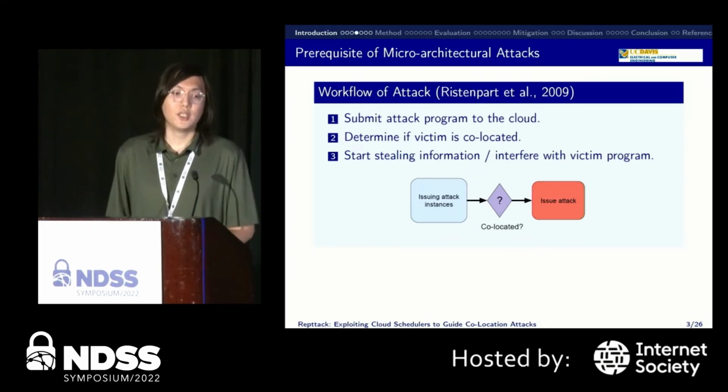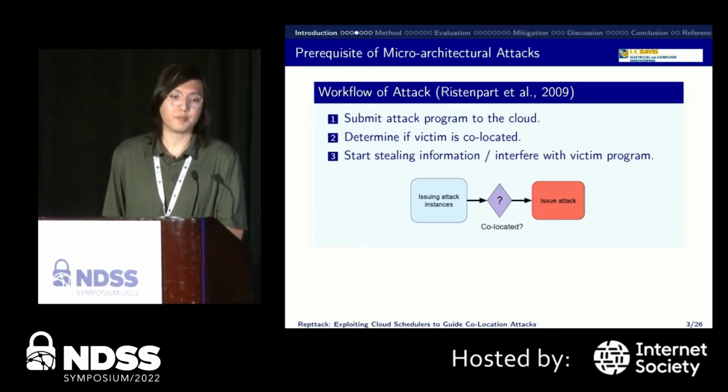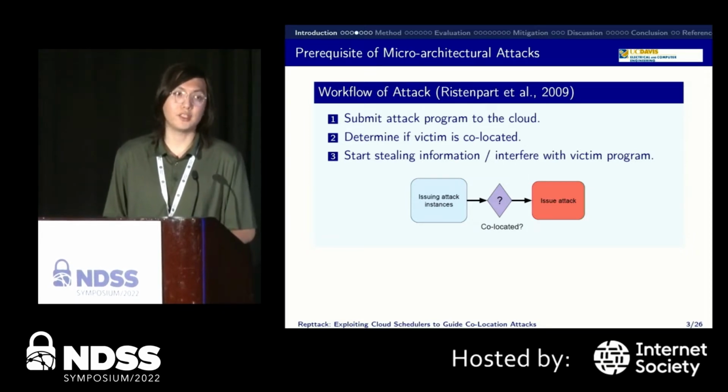First of all, the attackers submit attack instances to the cloud, and then the cloud scheduler schedules this attack instance to some node in the cluster, and then the attacker tries to determine if the victim instance is collocated by using technologies like network probing, etc. And once determining that the victim is collocated on the same physical node, they can start stealing information and interfering with the victim program.